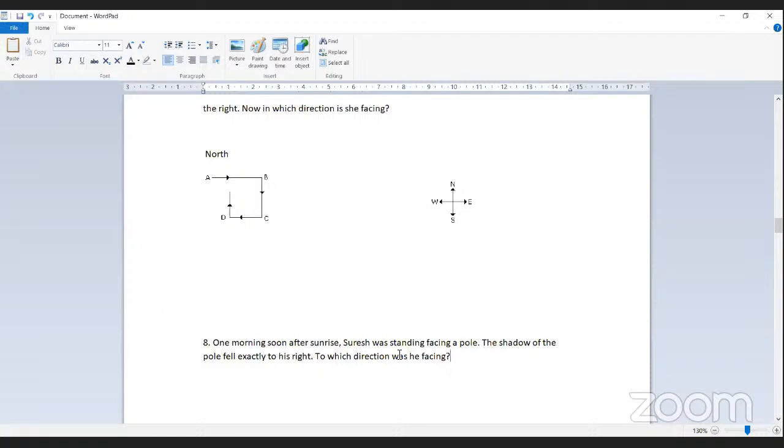So he's facing a pole, and the pole's shadow will be towards his right. Obviously, if it is falling towards the right, that means the sun is towards his left. Correct? Sun is towards left, that means east is towards left.